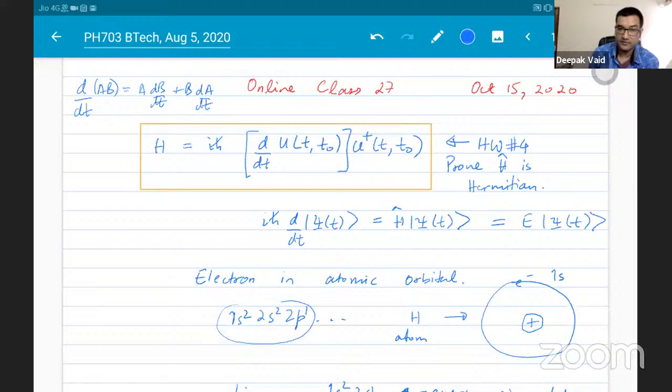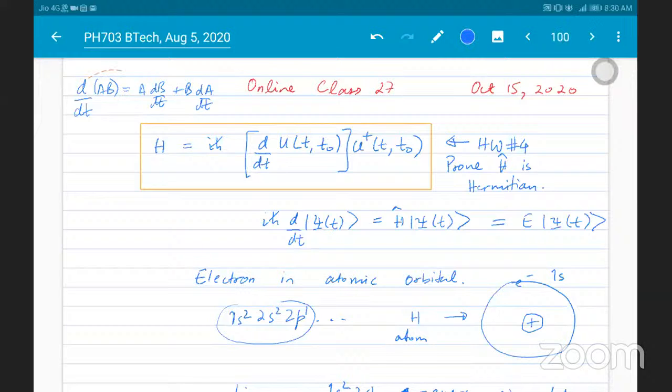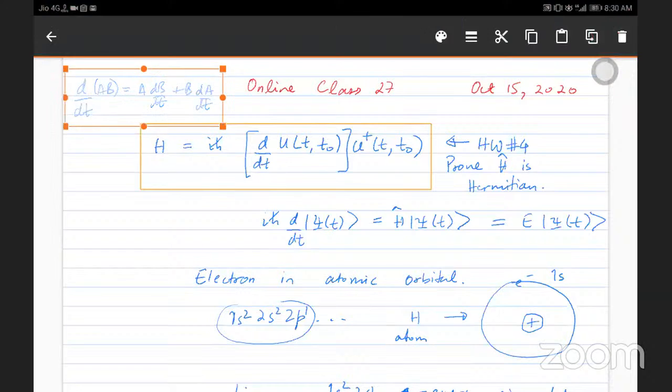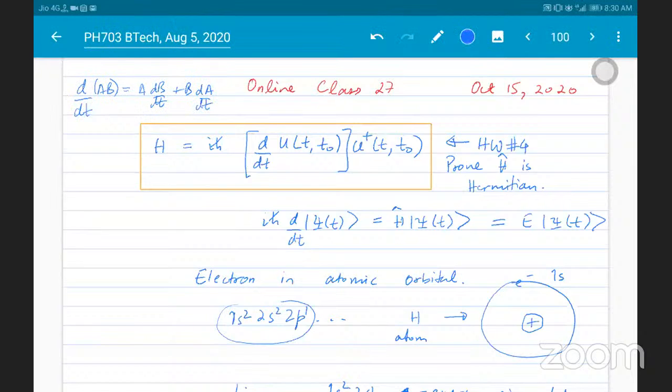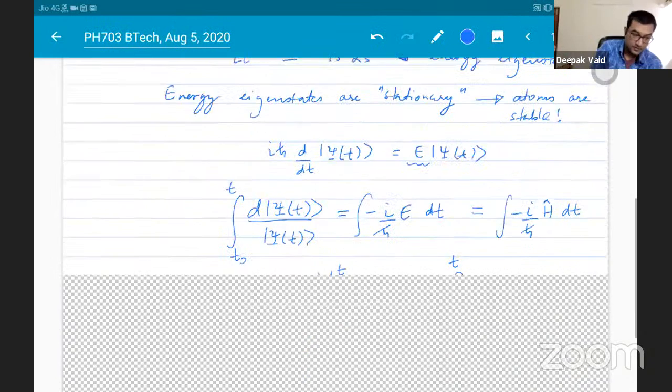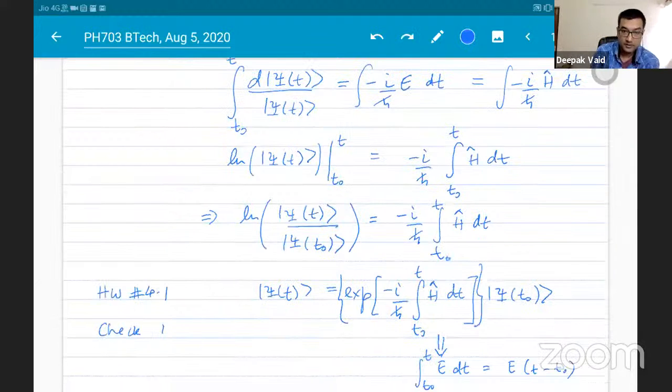The second problem: check that psi of t, this solution, satisfies the Schrodinger equation.